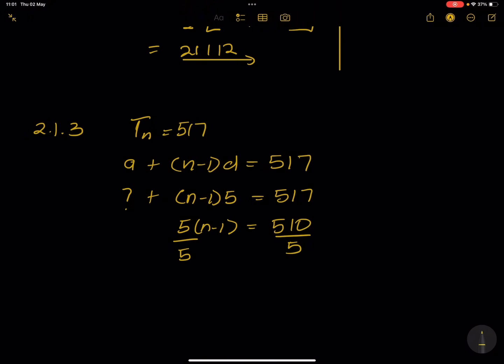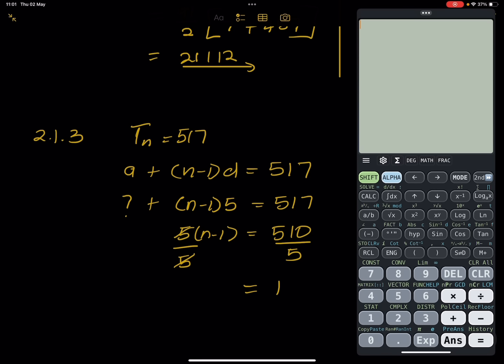So 510 divided by 5 will be 102. Now if I take the 1 to the other side, n becomes 103.